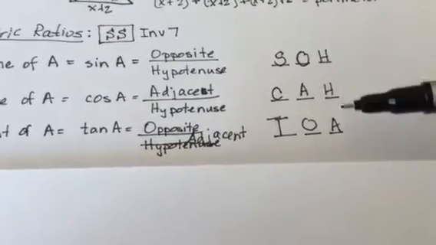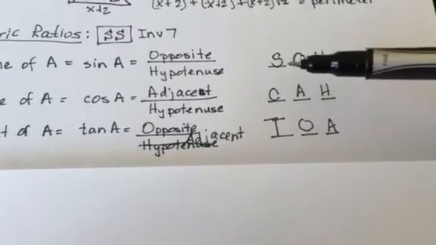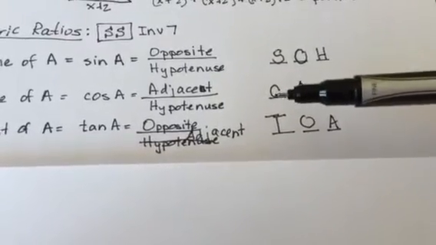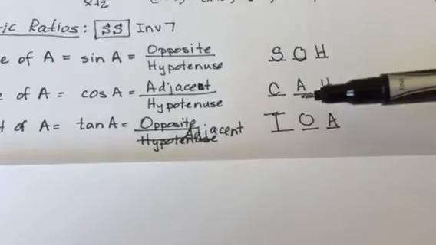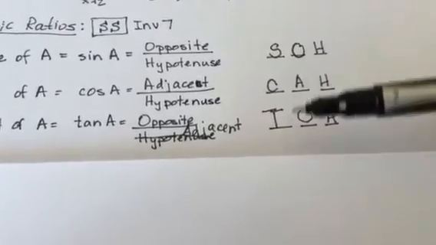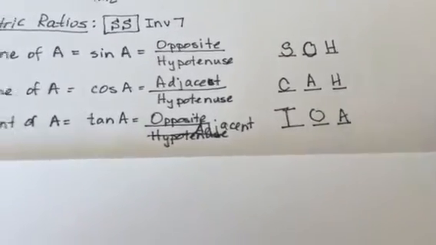SOHCAHTOA helps you remember sine is opposite over hypotenuse, the C for cosine is adjacent over hypotenuse, and the tangent is opposite over adjacent.